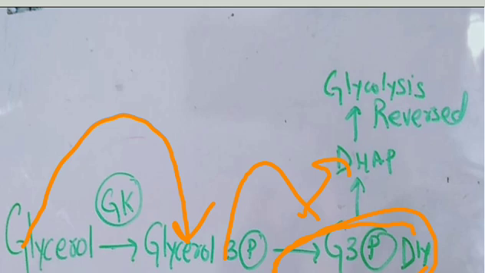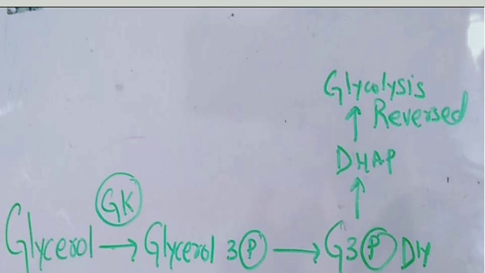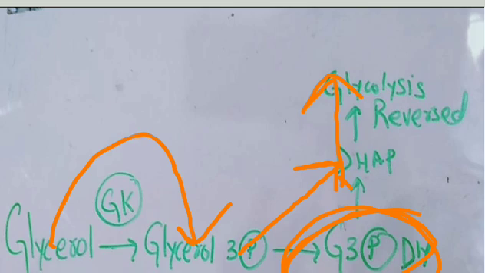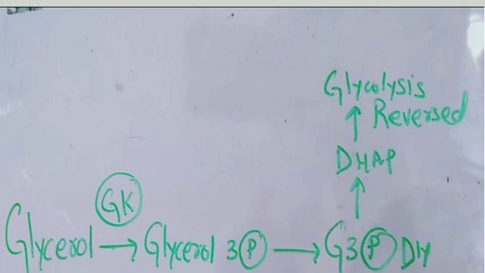So when you draw in your exams, you will draw like this: glycerol is converted into glycerol 3-phosphate, and glycerol 3-phosphate is converted into dihydroxyacetone phosphate, which is produced during the process of glycolysis, and then the whole glycolytic pathway is reversed here. You will write that glycerol is converted to glycerol 3-phosphate, glycerol 3-phosphate to dihydroxyacetone phosphate, and in this step the glycerol 3-phosphate dehydrogenase enzyme is used.